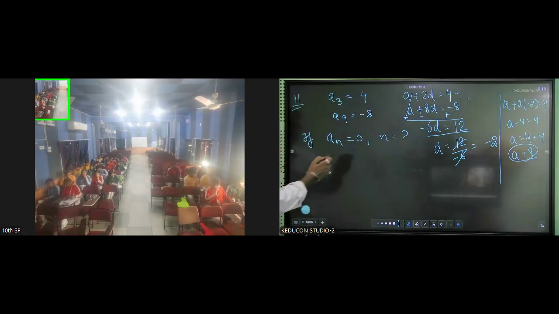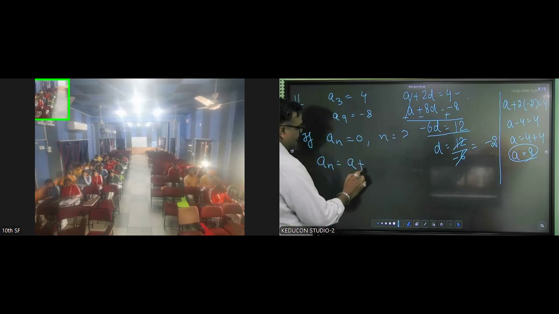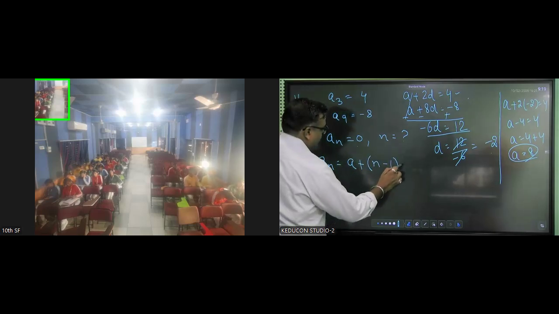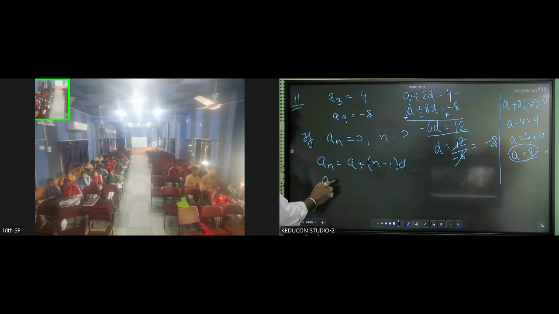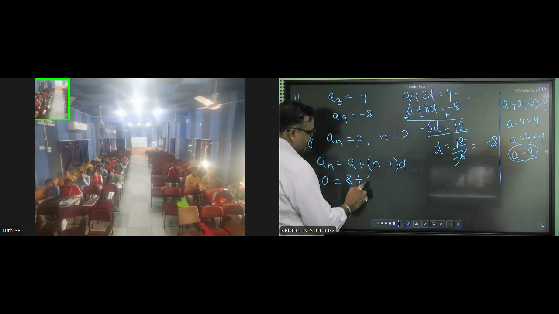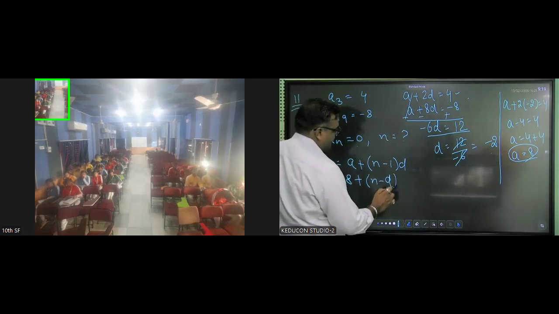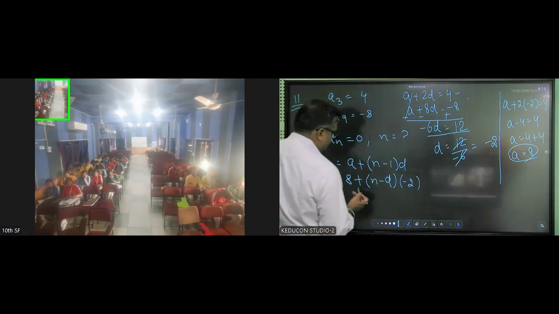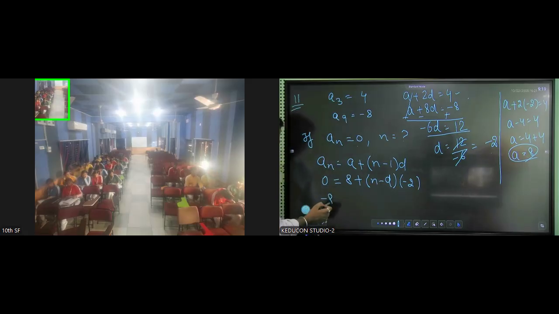So the value of a is 8. Now you have to find n. an is given 0. an is equal to a plus n minus 1 into d. Put an 0, the value of a is 8 and d is minus 2. Solve this. Take 8 on this side.